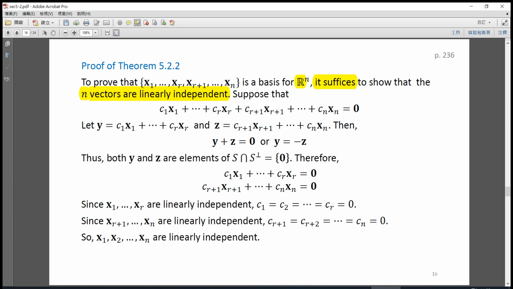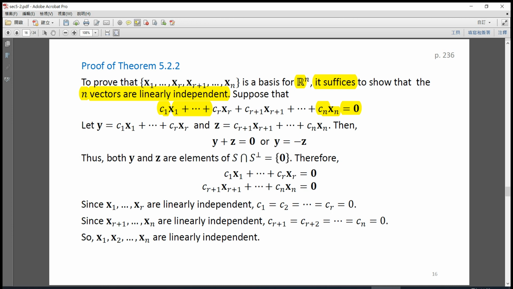To prove that the n vectors are linearly independent, we consider c1 x1 plus c2 x2 plus up to cn xn equals the zero vector. We want to solve this equation where c1, c2 up to cn are the variables.